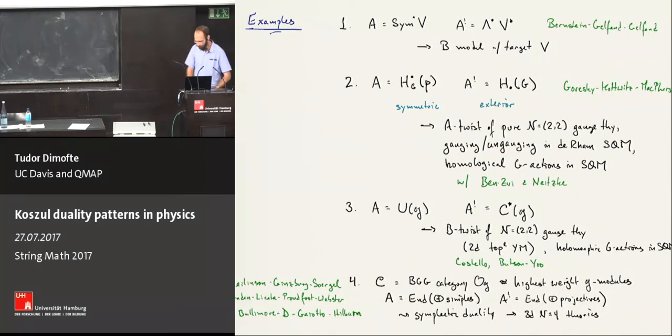There are several canonical examples of causal duality, every single one of which shows up in physics and plays some fundamental role.